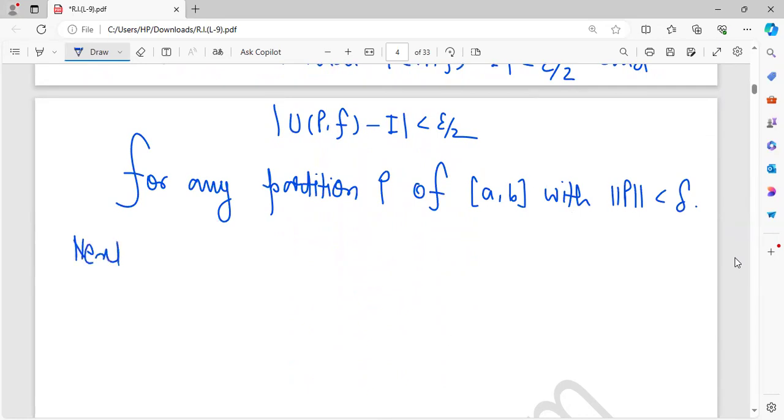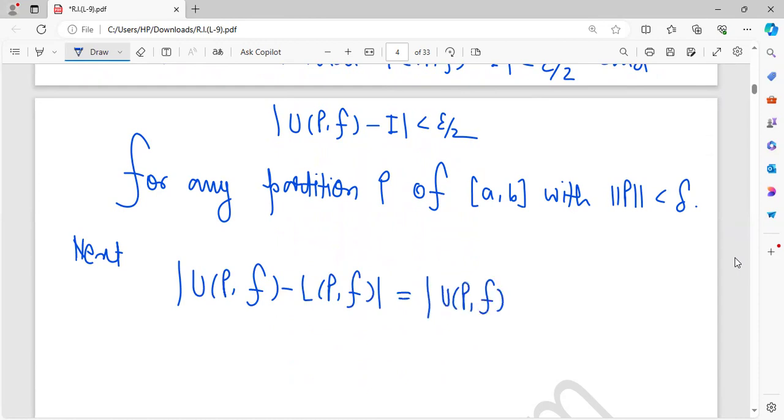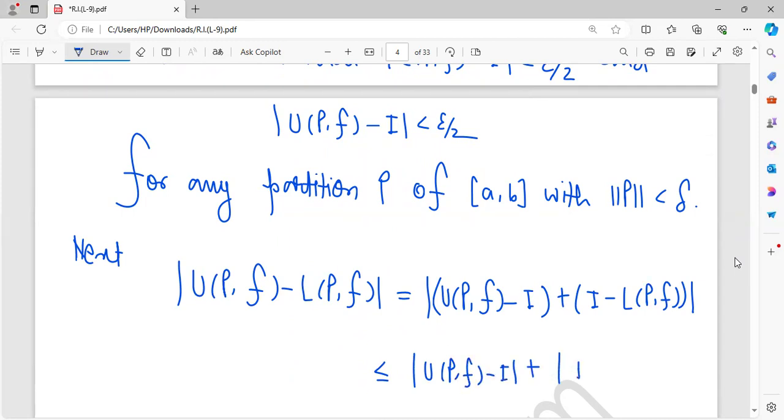Next, what do we have? We have U(P,f) minus L(P,f). Now you add and subtract I. So we have U(P,f) minus I plus I minus L(P,f).